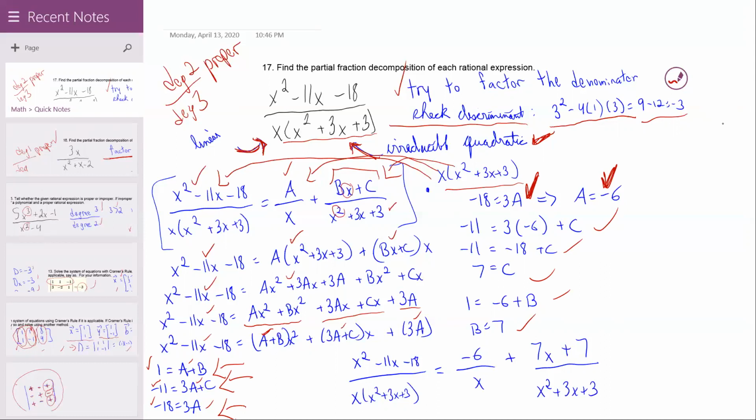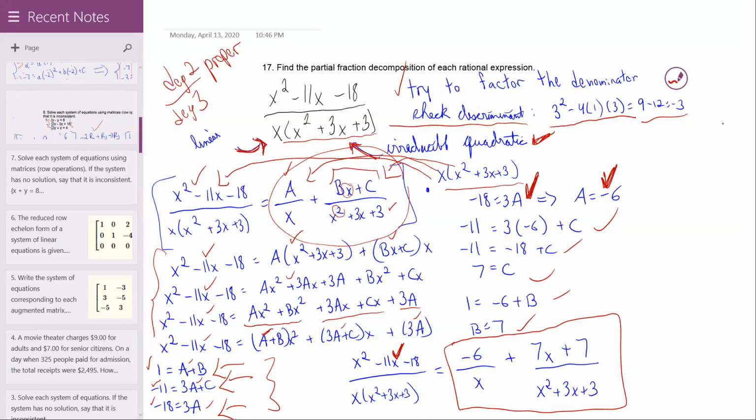So now that's not the answer, we have to plug it back into the original, which means the original thing that we were trying to find the partial fraction decomposition of equals negative 6 over x plus 7x plus 7 over x squared plus 3x plus 3. So it's a little tedious, but it's not impossible. It's just a lot of algebra, and then you have to solve a system, which is why it's relevant to this section.